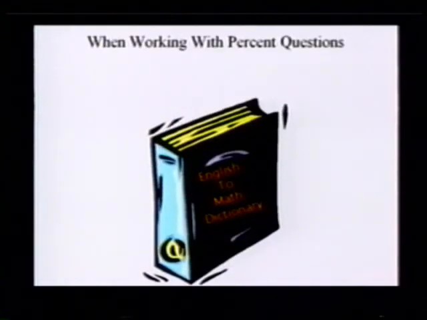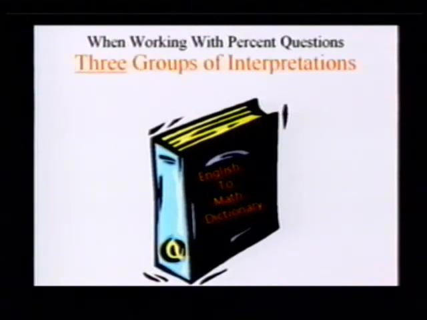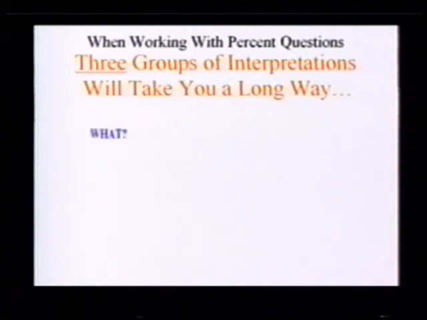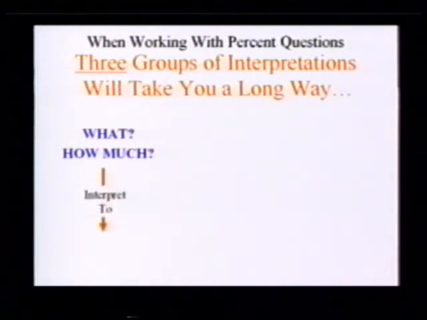Remember that this thing isn't as black as it appeared. Remember when we were working with percentage questions or equations, we used the English to Math dictionary, which we equated to 3 groups of interpretations. It took us all the way, if we knew that any kind of a question type word is going to equate to a variable, like y or a or any letter, x usually.